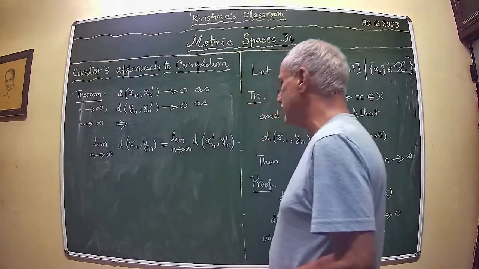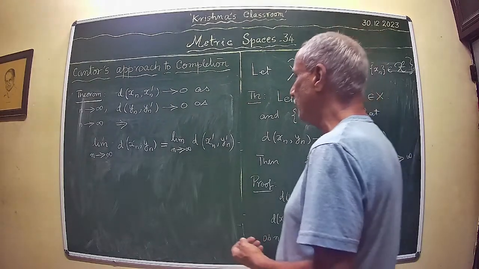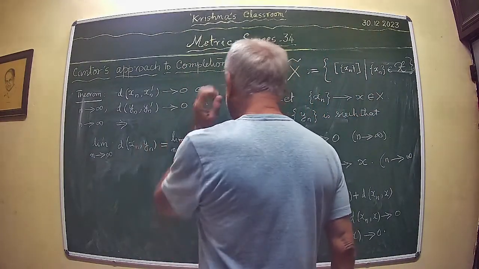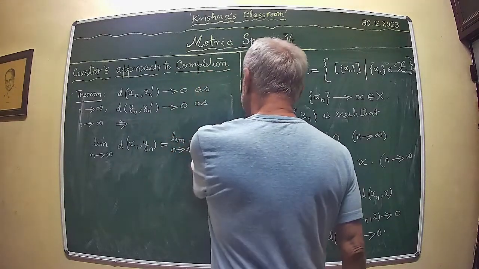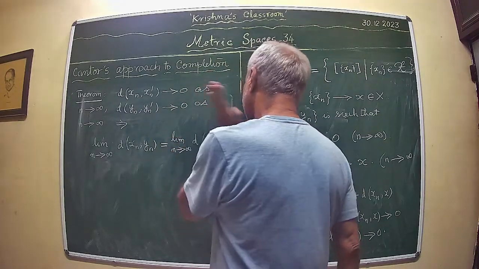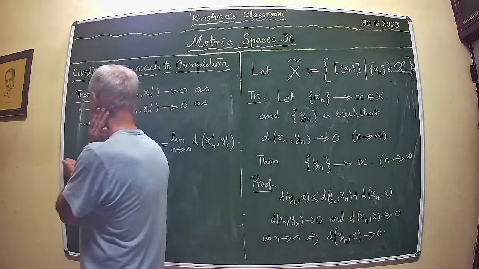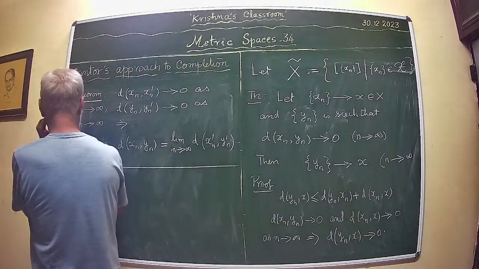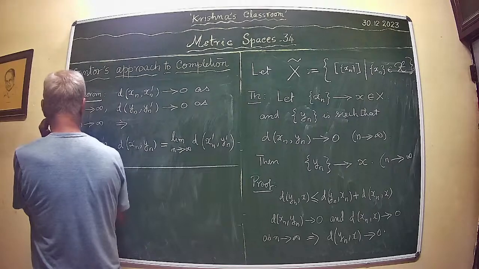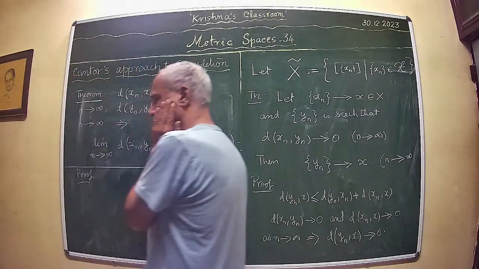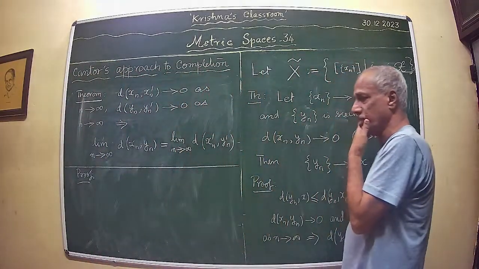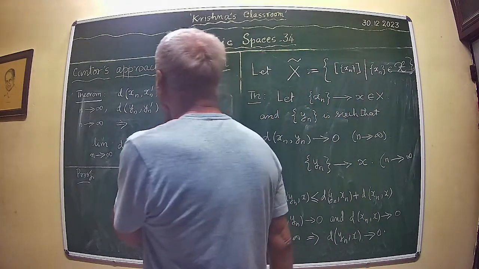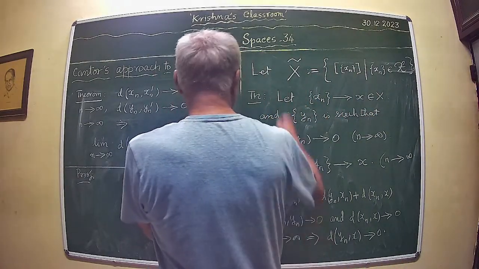The limit of the distance from x_n to y_n is the same as the limit of the distance from x_n prime to y_n prime. Let's prove this. This is eventually important in constructing a metric on X tilde.